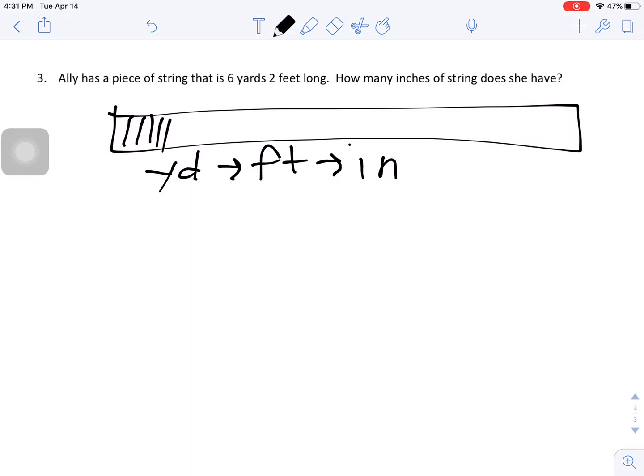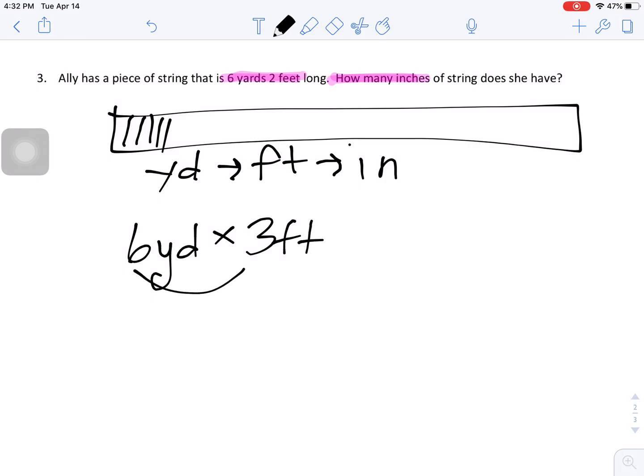So I know that Allie has 6 yards, or I can highlight it, 6 yards and 2 feet, and we want to know how many inches that is. So I'm going to say 6 yards, and I know that each yard has 3 feet.